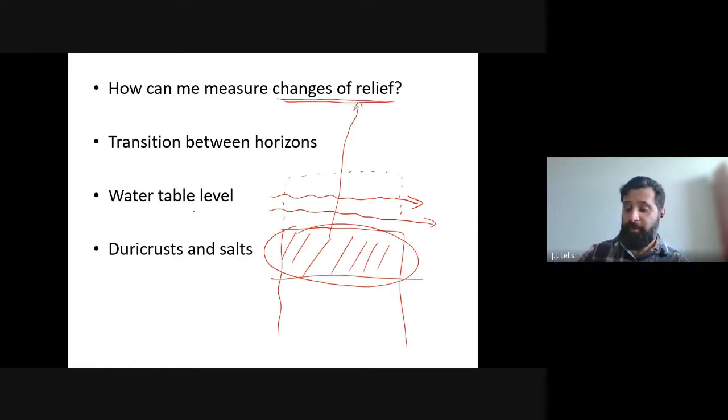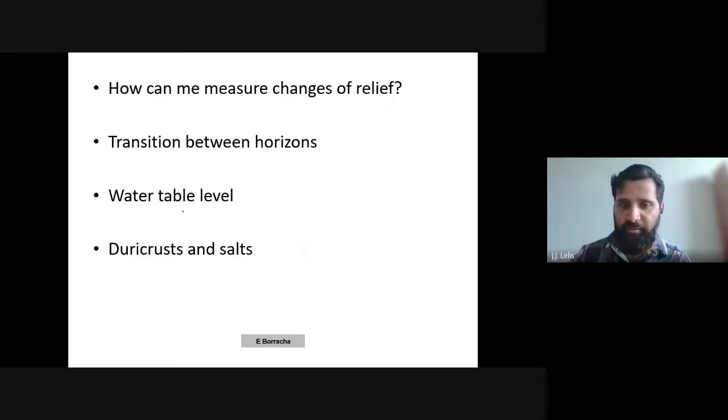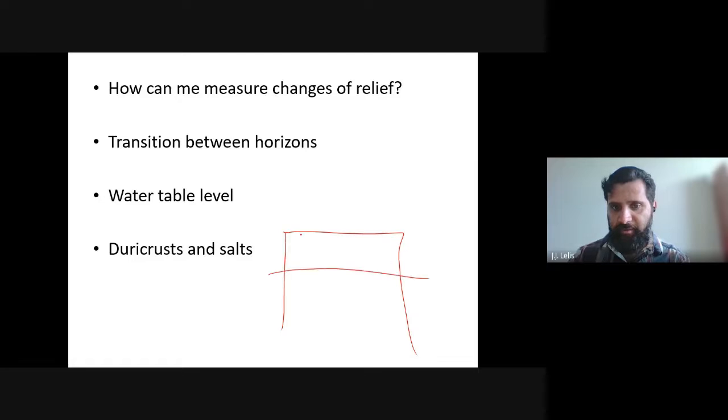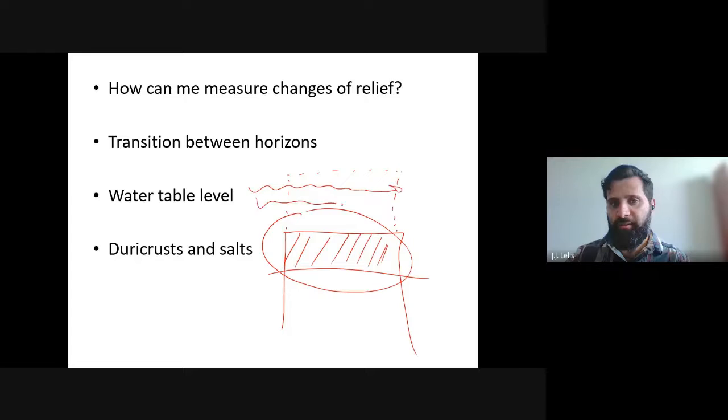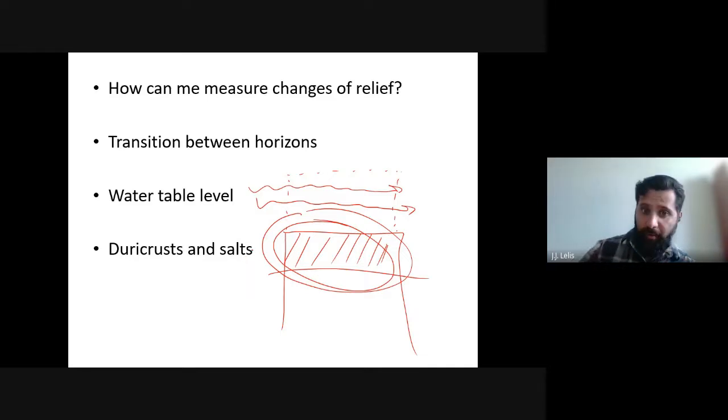It's very common to find these conditions because these terry crusts, these cemented layers, are highly resistant to weathering and erosion, and the materials that were above could be easily eroded in comparison with these cemented layers or horizons.